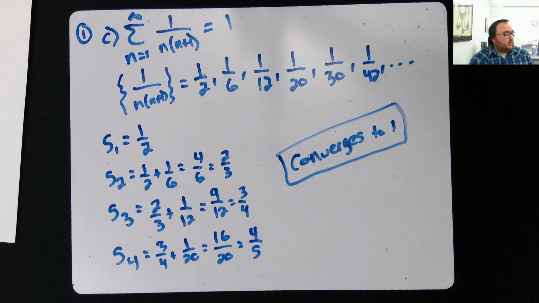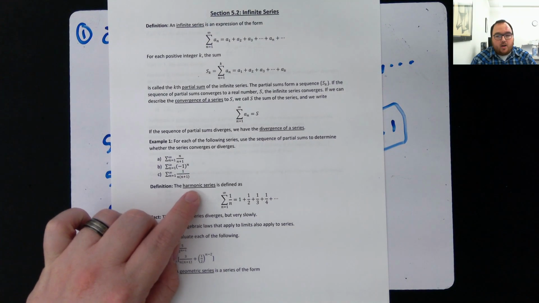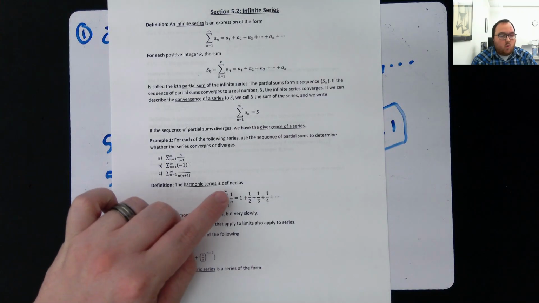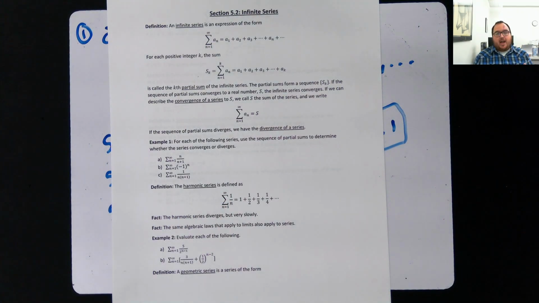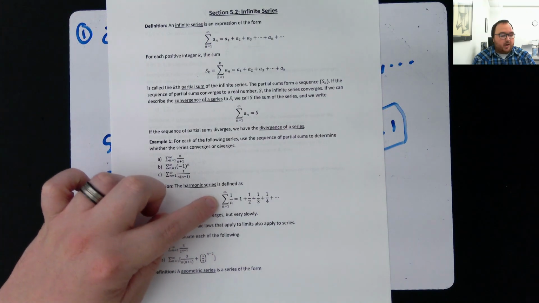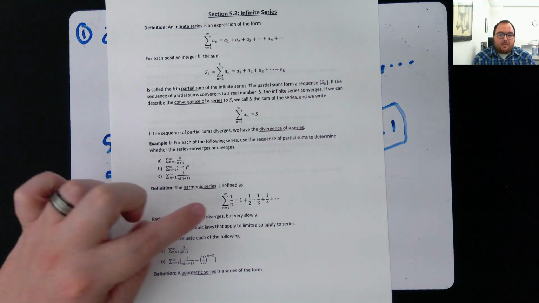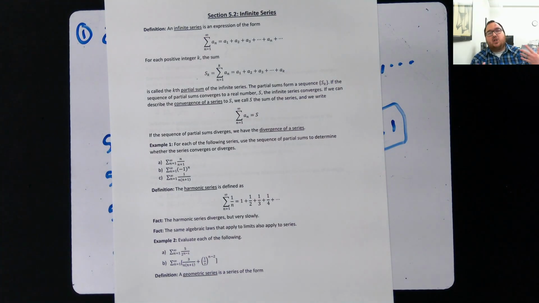We have this special type of series called the harmonic. What the harmonic one is, is the sum of 1 over n. So 1 plus 1 half plus 1 third plus 1 fourth plus 1 fifth, blah, blah, blah. This is called the harmonic, okay? The cool fact about this is it diverges just very slowly, right?